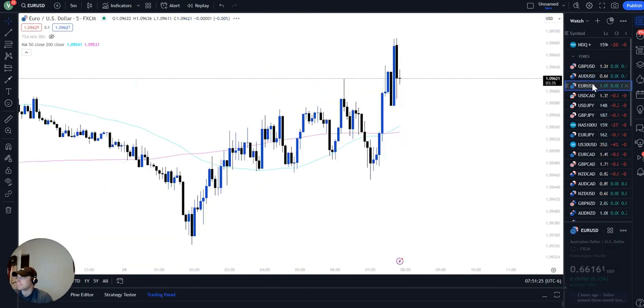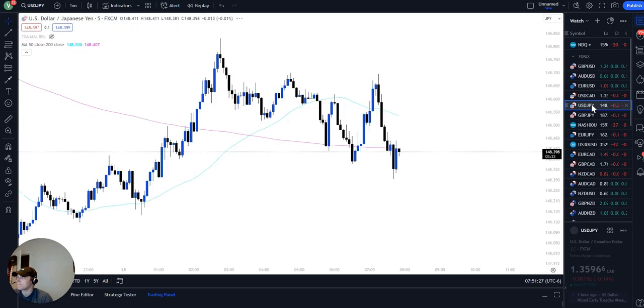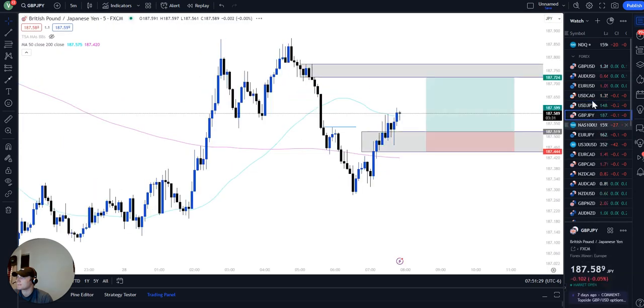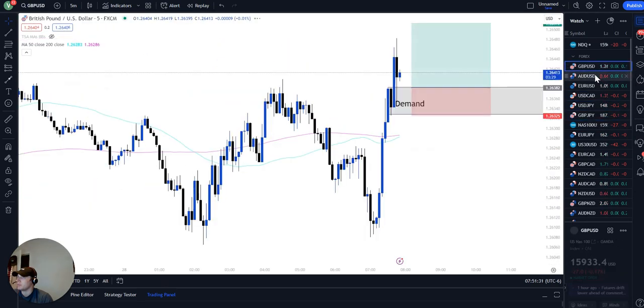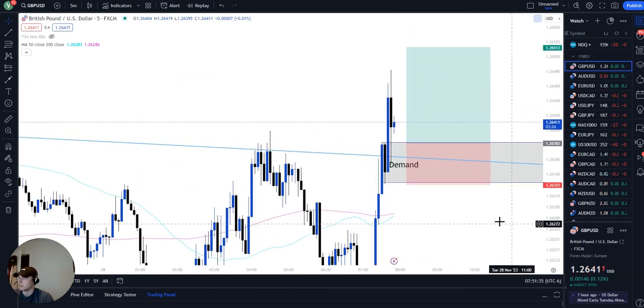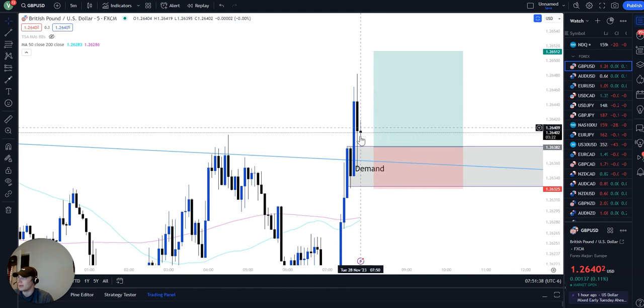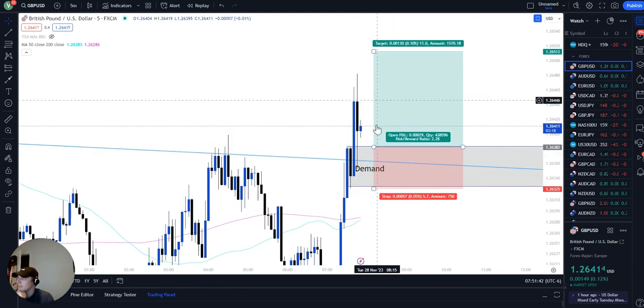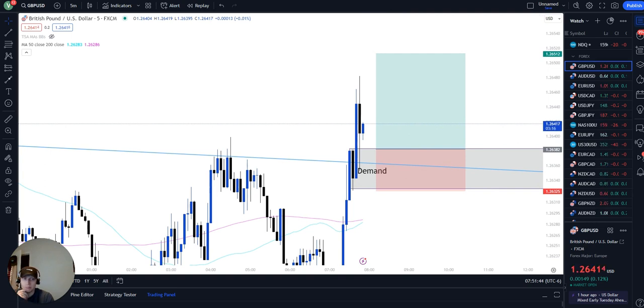I'm gonna wait just a little bit longer though and see what happens with this 5-minute candle. I'd love for it to come back into the zone, close, and then take a break of candle. That would be a really good entry point.